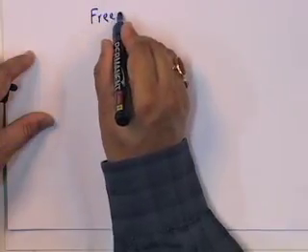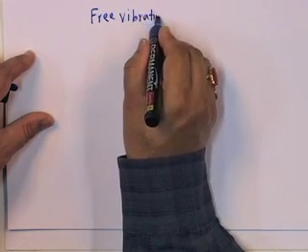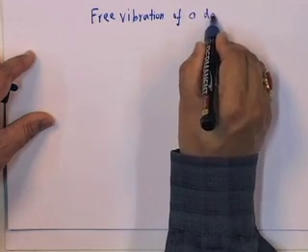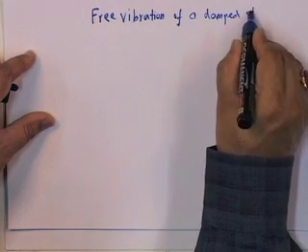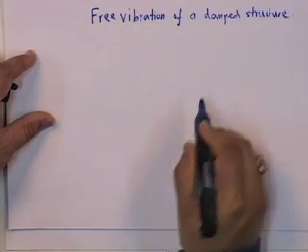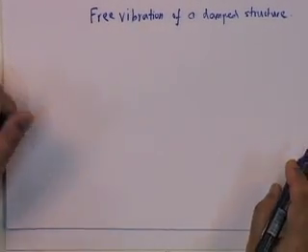Well, let us go back. Let us look at what I will call the free vibration of a damped structure. Okay? We are going to look at the free vibration of a damped structure. So, what is that?